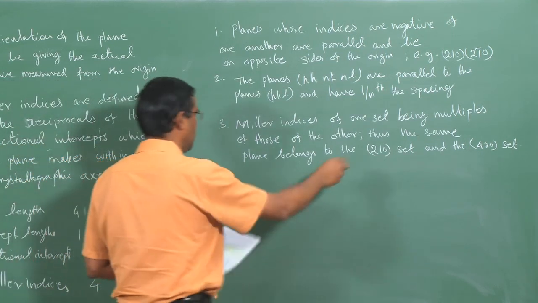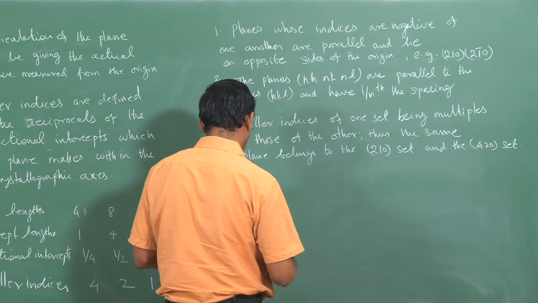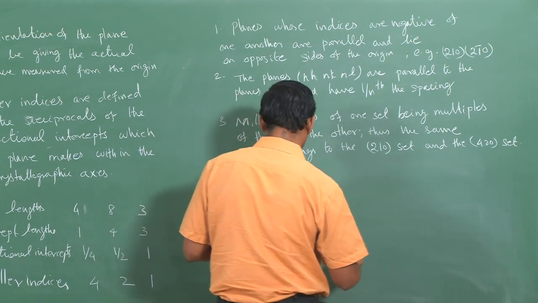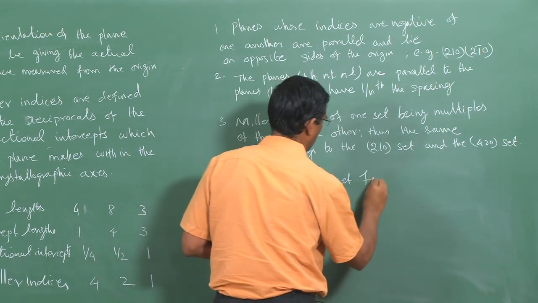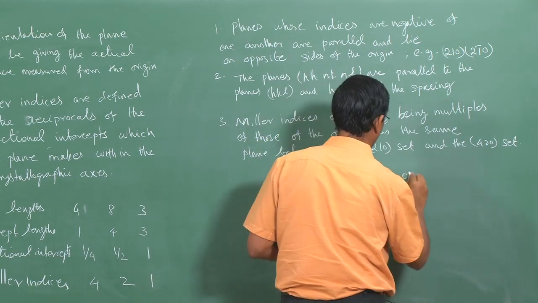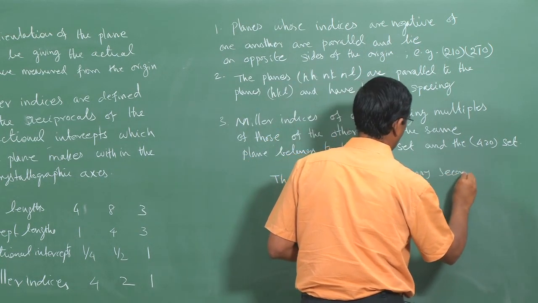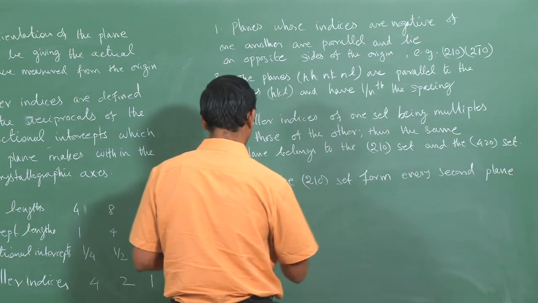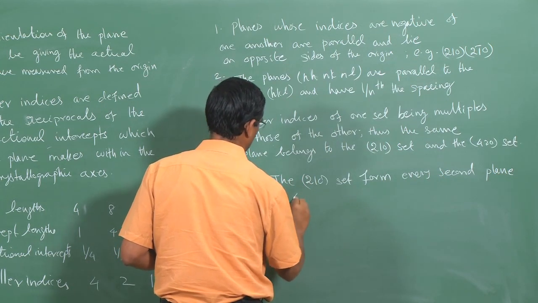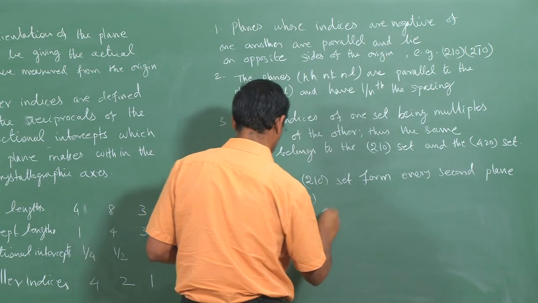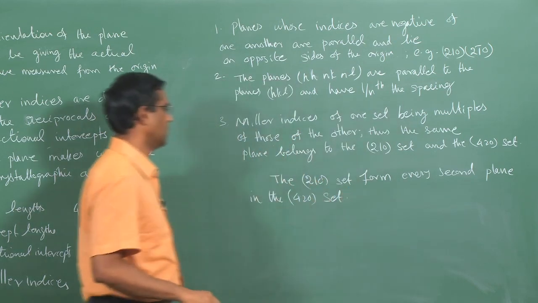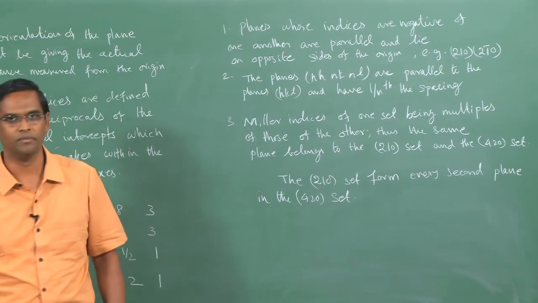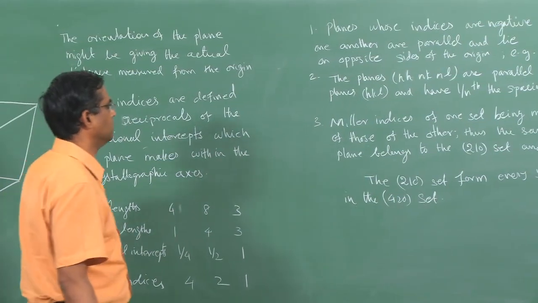For example, the 210 set forms every second plane in the 420 set. So it will be a parallel plane.